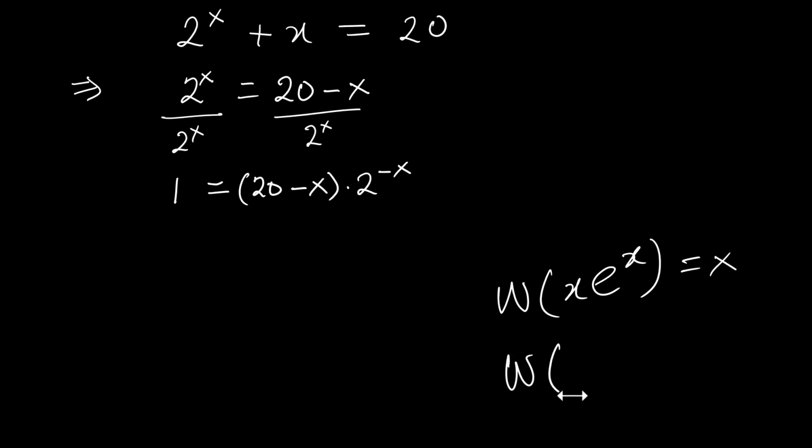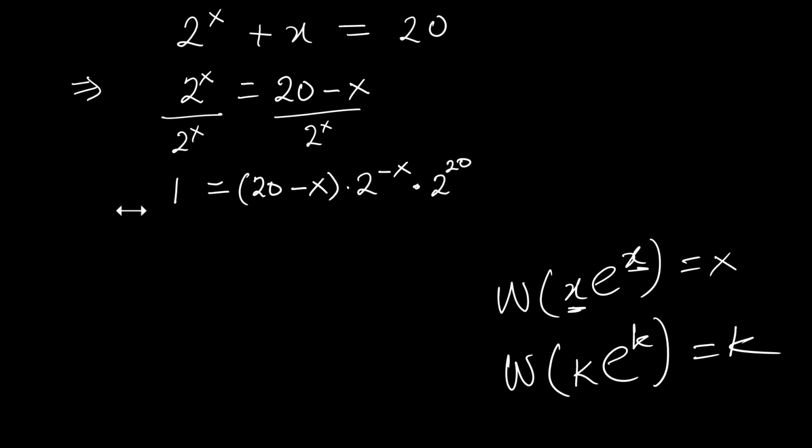So the Lambert W function of k times e raised to k, the answer is k. Now you want to make this side and the exponent here equal in order to apply the Lambert W function. So we need to add 20 to the power here. And how do we add 20? I'll just multiply both sides by 2 raised to 20.